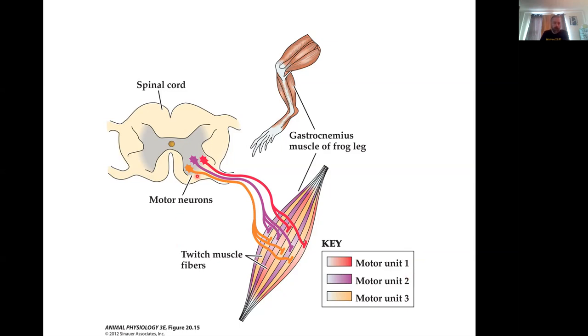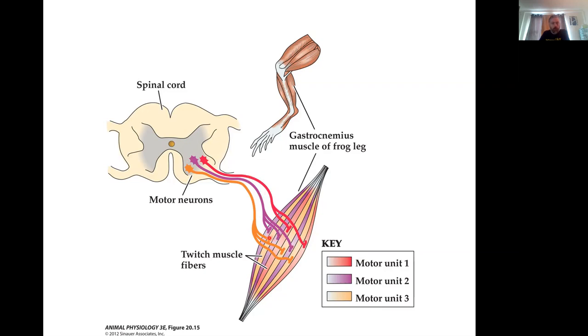So here in our cartoon example, we're going back to our frog muscle. Here we've got 3 different motor neurons, a red one, a purple one, and an orange one. The red one is connected to this muscle fiber, colored red conveniently, and this one, again, colored red. Purple one has this guy, purple, purple, and purple.